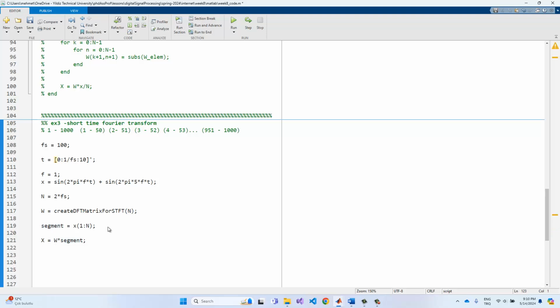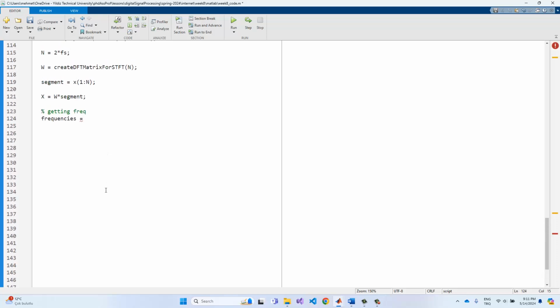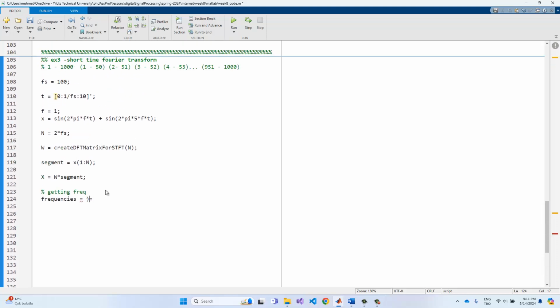In order to get the frequency values, we need to create the frequencies from 0 to n minus 1 times fs divided by n. These are the basic creation of the frequency periods.